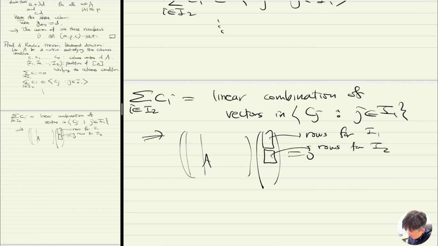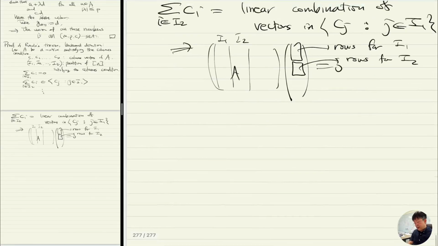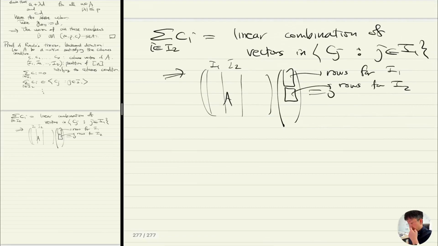Here you have rows for I1, I2, and then this linear equation says that there are some rational values here, and I can put 1, 1, 1 here, and then put 0 here. Then when I multiply that by A, we get 0.